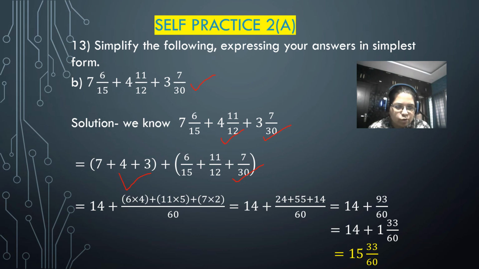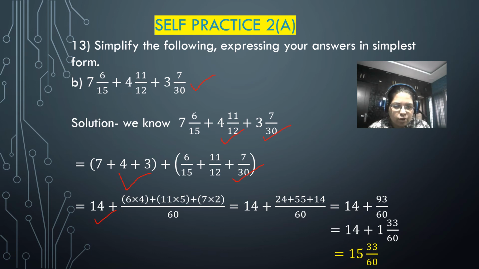So 7 plus 4 plus 3 is 14, plus, now we have to add 6 divided by 15 plus 11 divided by 12 plus 7 divided by 30. We have to add these proper fractions. So first we have to find the LCM of these denominators.